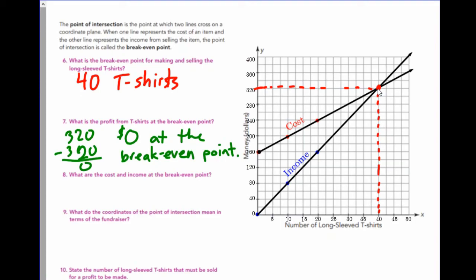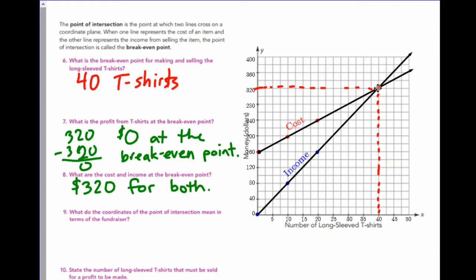What are the costs and income at the break-even point? Okay, the cost is $320, the income is $320. So yes, when we combine those, it's 0, but we're still bringing in $320 and we're spending $320. So it's $320 for both. And number 9 says, what do the coordinates of the point of intersection mean in terms of the fundraiser?